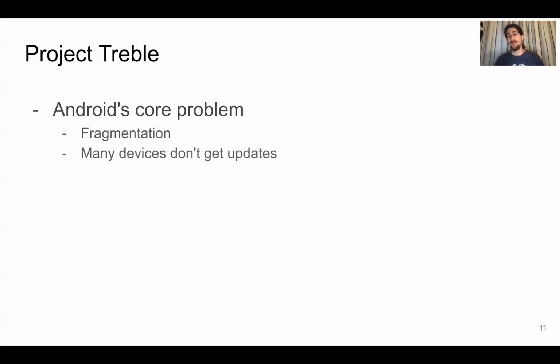One repercussion of this fragmentation is that many devices don't get updated. Since there are many slightly different versions of Android, it's not simply that there is a bug and then there is a patch for the bug. Maybe the patch is simple, and you can take it and apply it to your code base. But if the patch is slightly more complicated, then it's tricky.